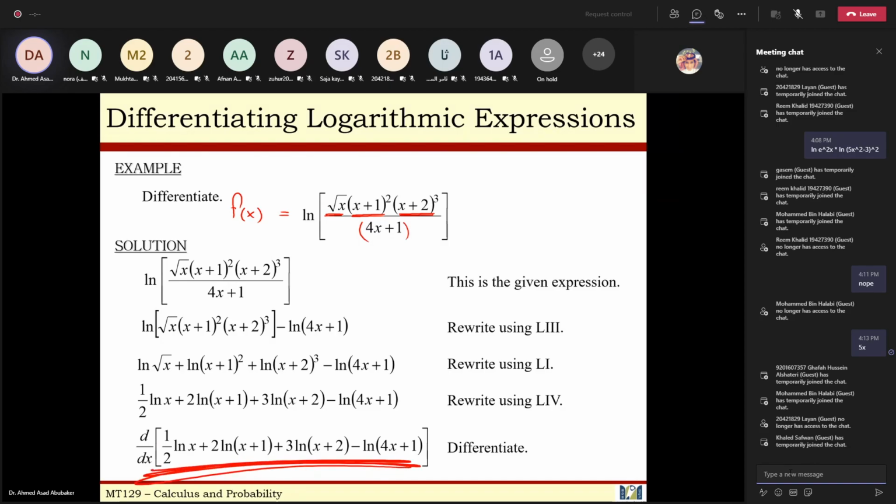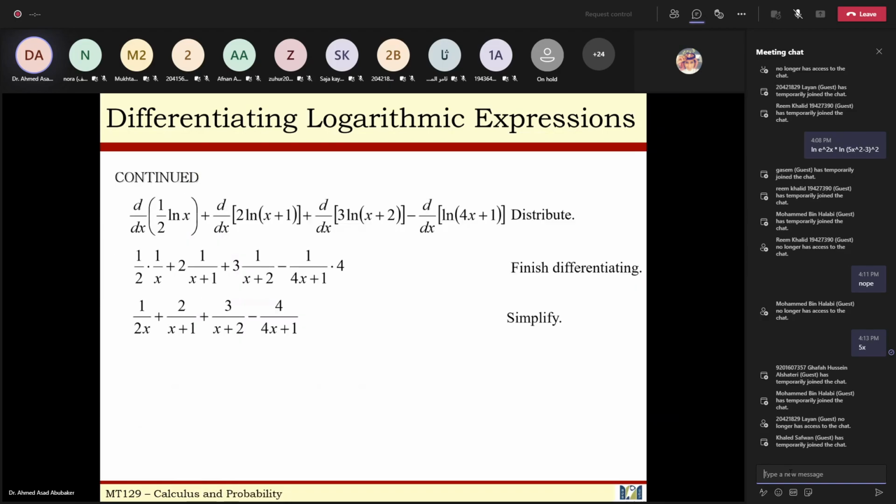Put the exponents outside the ln, like half, 2, and 3. After that, go to find the derivative. So in the end, we have this as the derivative.